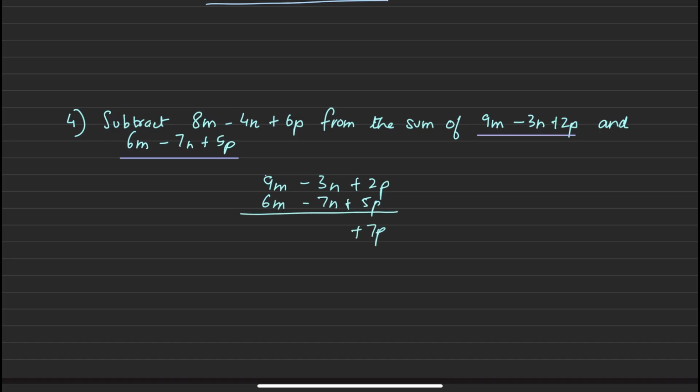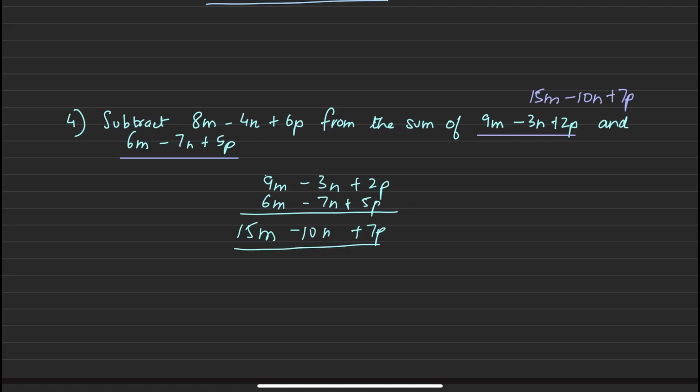Plus 7p, minus 10n and 15m. This is the answer to this sum. So we will write it here: 15m minus 10n plus 7p.